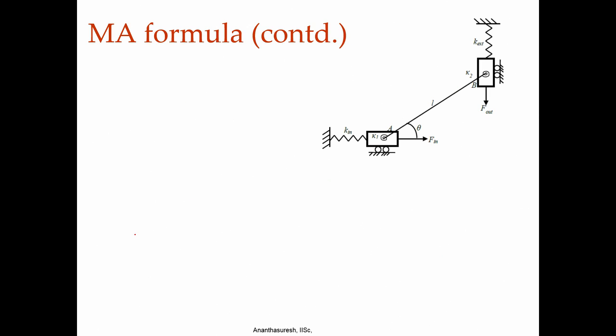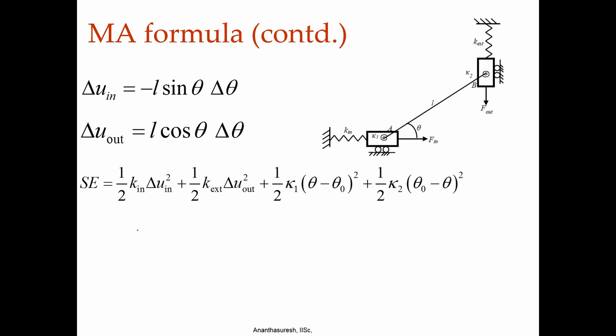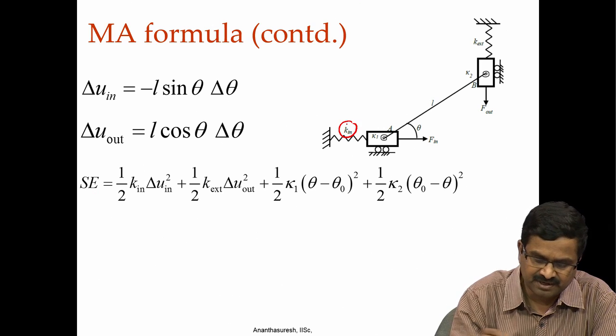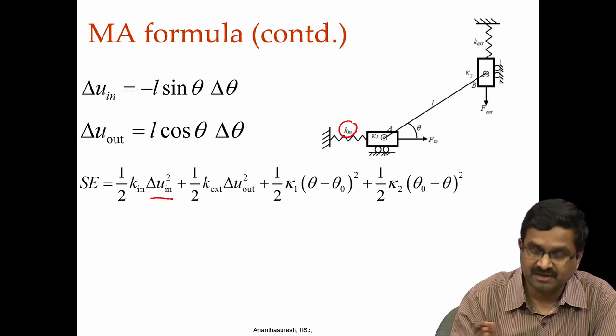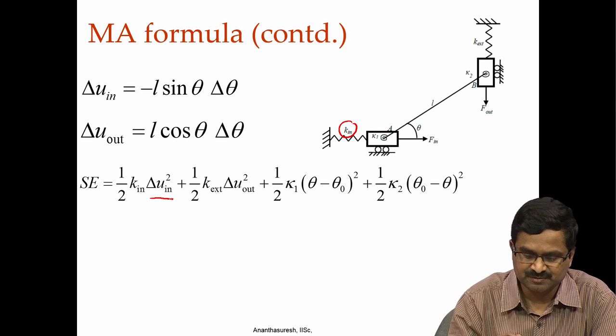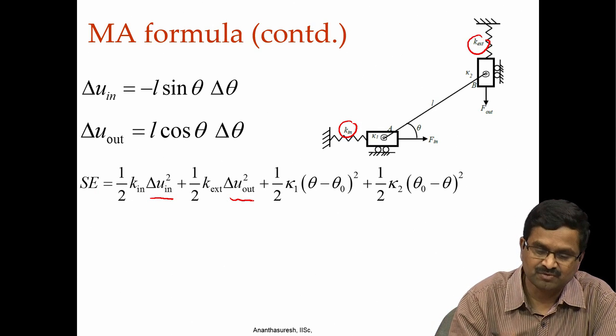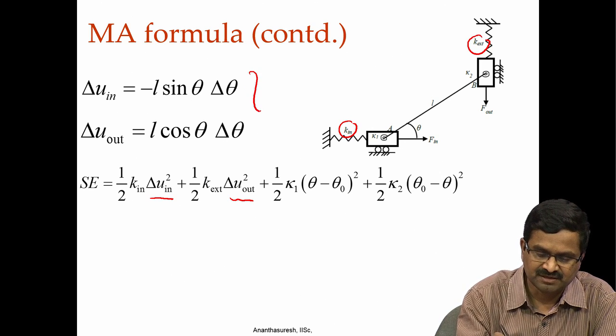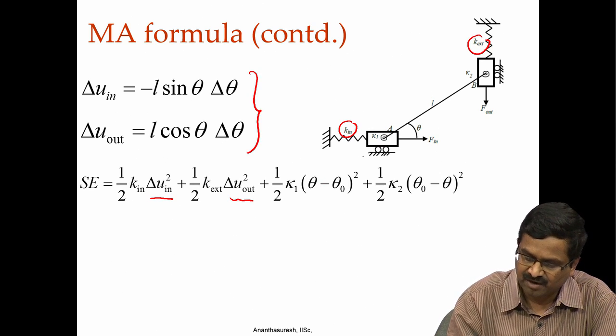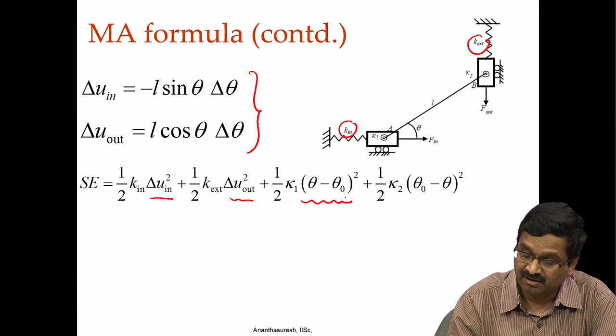So, that is what we get. This is actually MAR, it will be minus tan theta. And then we have this formula for these, right. Which also has the compliant component. For that we need to write the strain energy. We write the strain energy for this, the K in this spring times delta U in square, that is the incremental displacement in that, and then this spring that has delta U out square, for which we have the expressions, these two, and then we have kappa 1 times theta minus theta naught square.